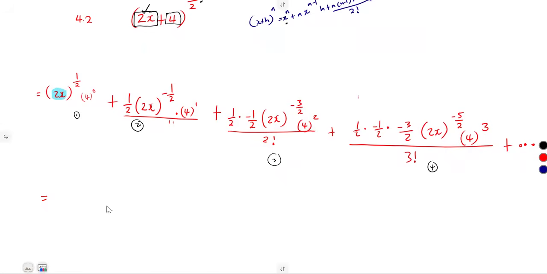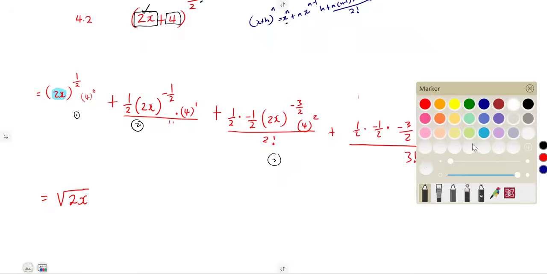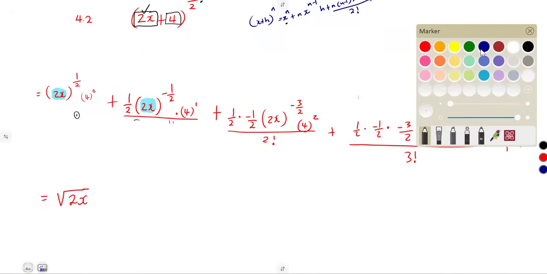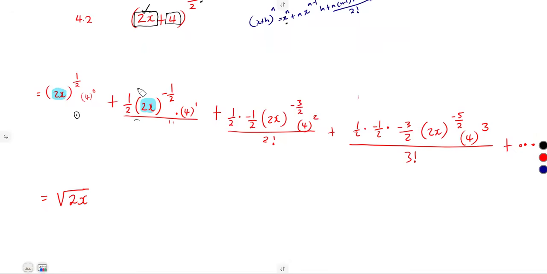Remember, to the exponent of a half means the square root of, so it's going to be the square root of 2x. You just ignore the 2x for now. Simplify the rest. So on the second part, we're going to simplify the rest. So it's 1 over 2 times 4.